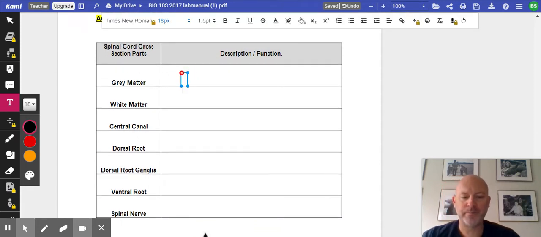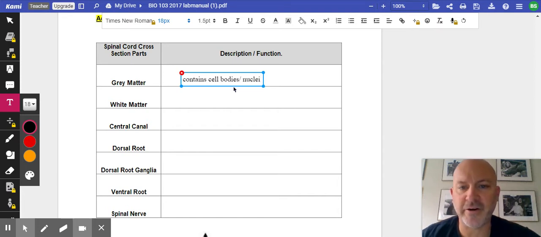Gray matter. Anyway, the gray matter contains the cell bodies. And the nuclei.